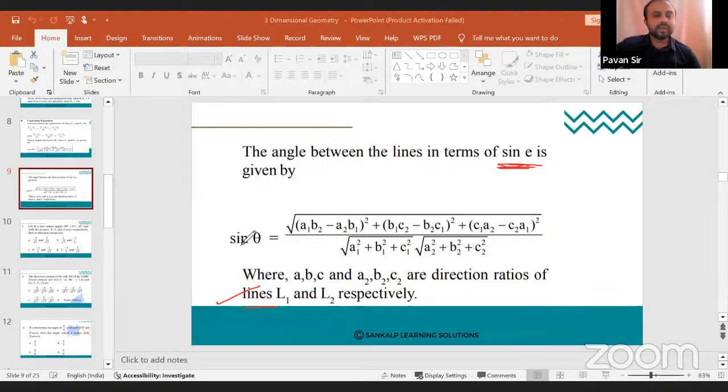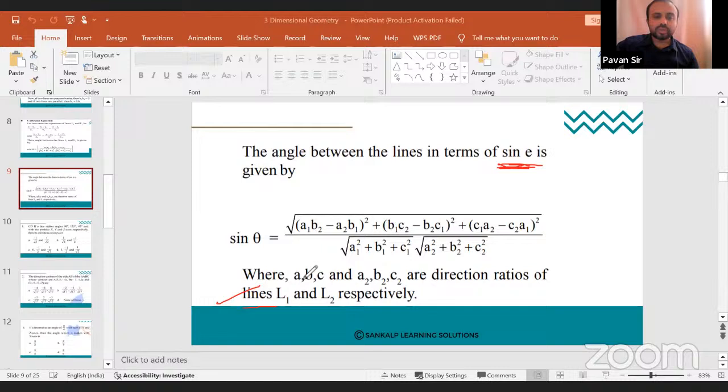Sine theta is equal to the root of (A1 B2 minus A2 B1) the whole square plus (B1 C2 minus B2 C1) the whole square plus (C1 A2 minus C2 A1) the whole square, divided by, again the same, the root of A1 square plus B1 square plus C1 square into the root of A2 square plus B2 square plus C2 square.